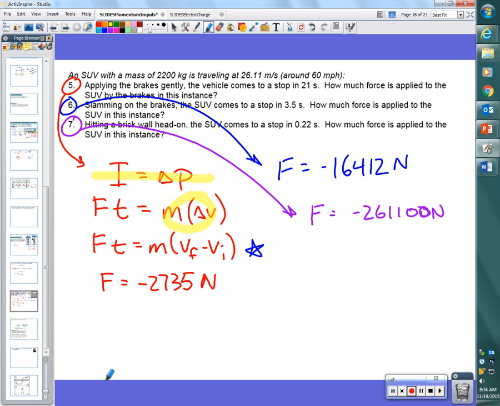When we have a situation where we are always applying the same impulse to an object, we can go about doing it in two separate ways, right? In the first problem, the force was much smaller than the other two problems. Why? Because look at the time, right? How does the time in the first problem compare to the other times?